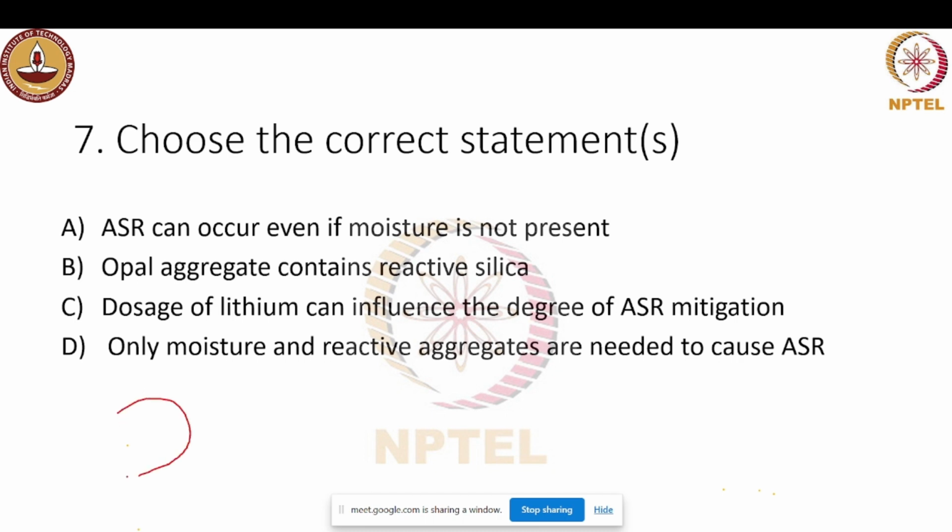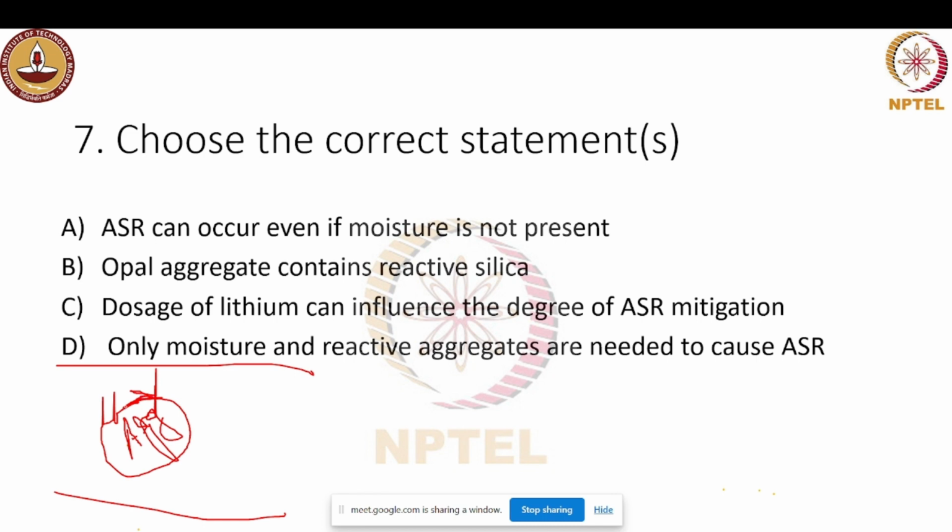If our aggregate has active silica present in it, and the pore structure of the concrete has more alkali content, there are chances that at the surface, the silica present in the aggregate will react with the alkali content present in the concrete, and they will form the ASR gel. This ASR gel is mostly formed on the surface of the aggregate.